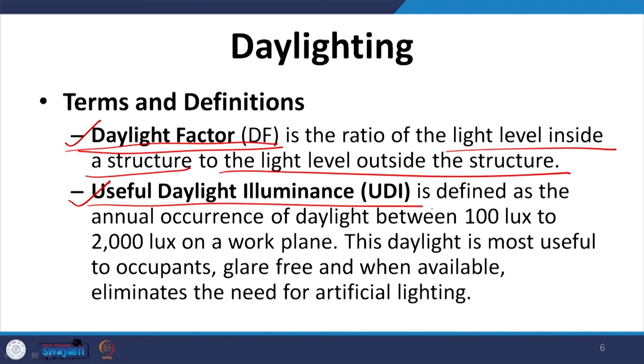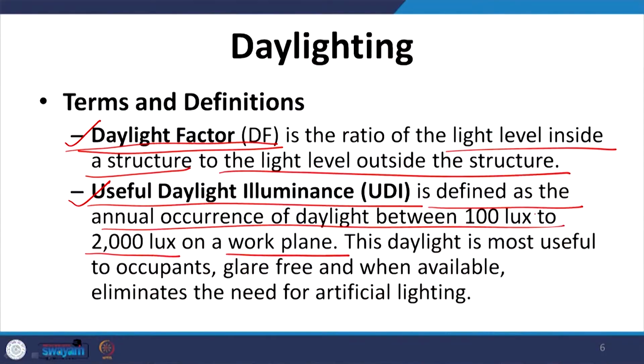UDI is defined as the annual occurrence of daylight between 100 lux to 2000 lux on a work plane. Now, whenever we are talking about daylight design, we are looking at the amount of luminance, the daylight present at work plane height. It is not on the floor, it is not on the ceiling, but it is on the working plane, at the height of the working plane.